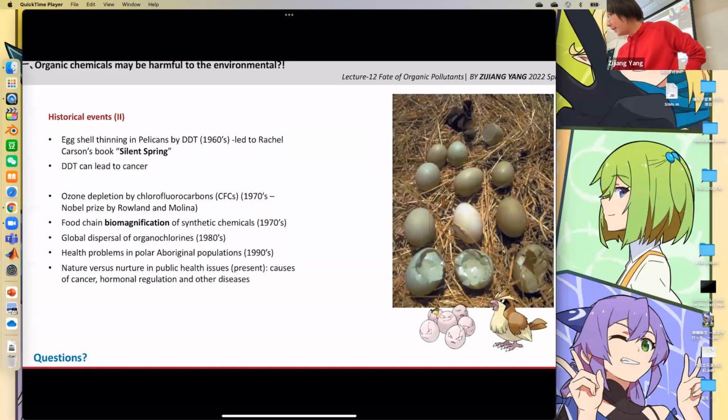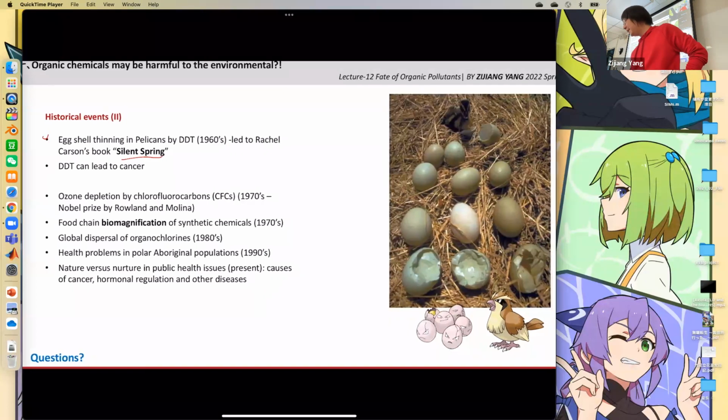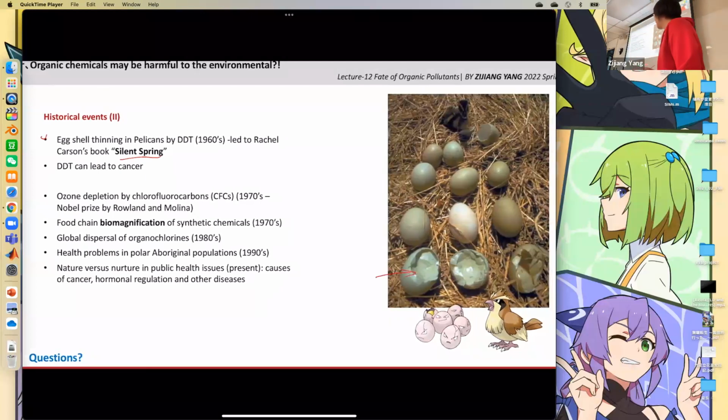For example, someone finds the eggshell will be thinner by DDT, and this was published in a book called The Silent Spring. We can say with the DDT, the eggshell of the birds is very soft, easy to crash. And as time goes, we also find that DDT can lead to cancer, as I showed on the Google Scholar page before.